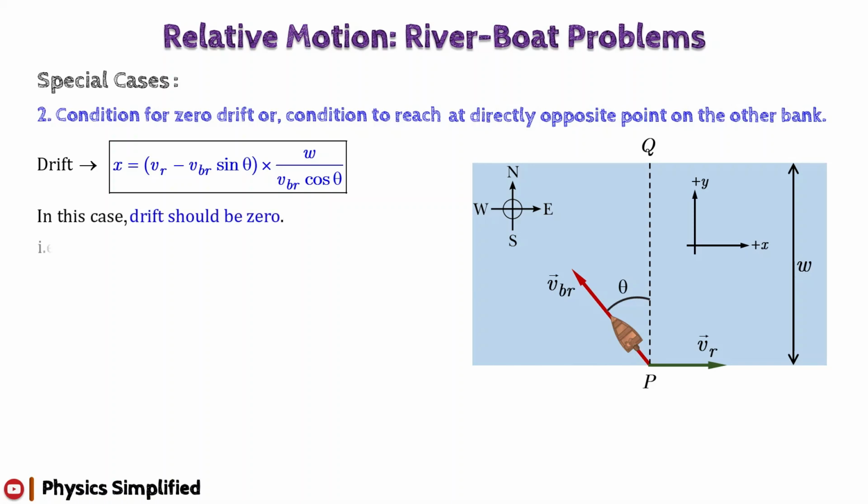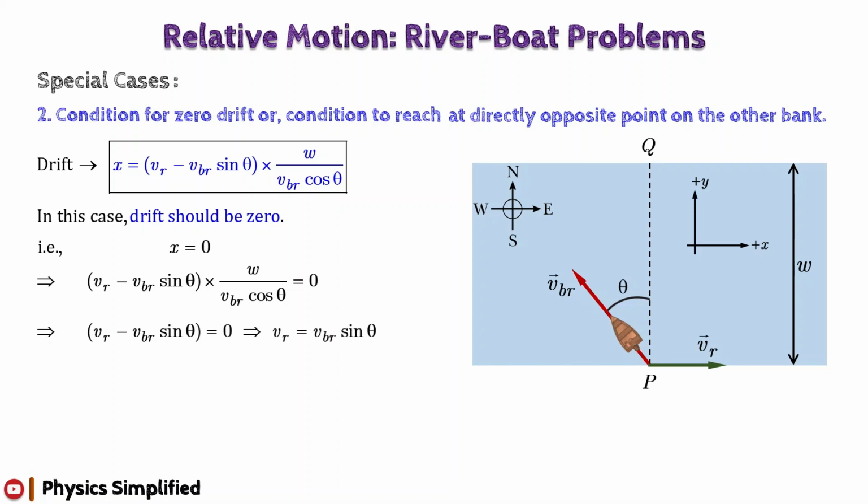Now substituting the expression of x, we find that the fraction w divided by v_br cos theta can never be 0. So, for the equation to be valid, v_r minus v_br sin theta must be equal to 0. Simplifying, we get sin theta is equal to v_r divided by v_br. Therefore, theta is equal to sine inverse of v_r divided by v_br.